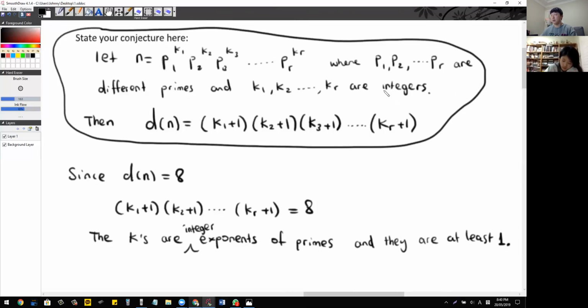So I should say here, we can actually edit this one and say positive integers. We have to actually change this to positive. So make sure you put this into all your solutions, okay? So the k's are integer exponents and they are at least 1, so they cannot be 0.